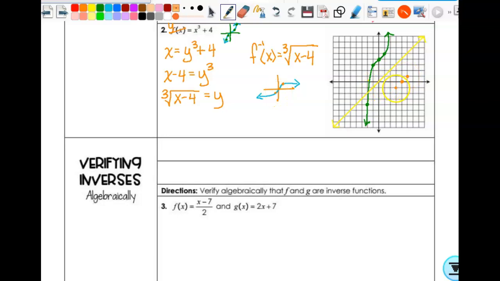Right 4. 8, 2 will put me way off the graph once I graph that. So I'm going to go to negative 8, negative 2. And then go to the right 4. And then when you sketch that in, the two functions and the line y equals x should all intersect at the same point.